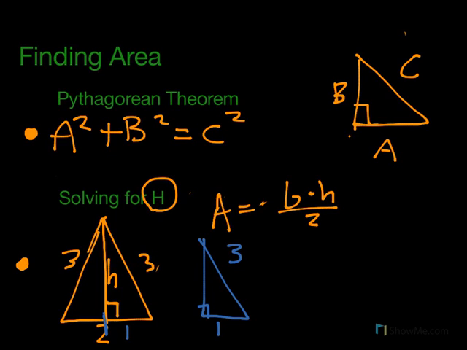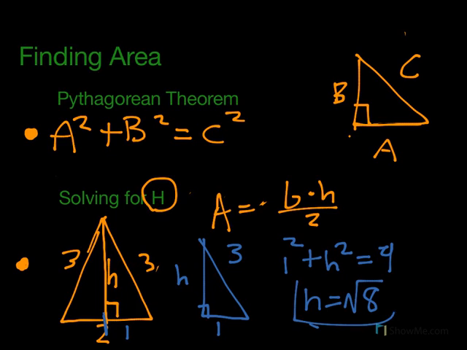So we can say that 1 squared plus this mystery side h squared equals c squared, which is just going to be 9 because it's 3 squared. We solve for that, and h is going to equal the square root of 8. Now that we know the height, we can find the area. The area will equal the square root of 8 times the original base, 2.